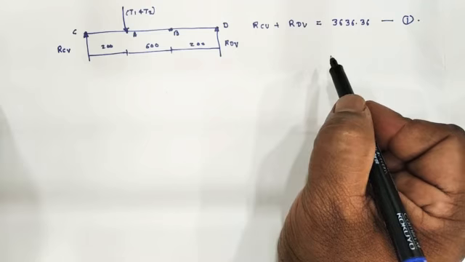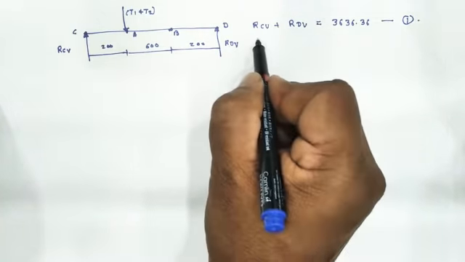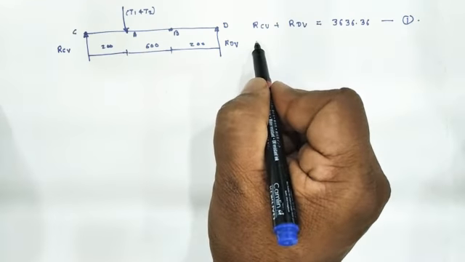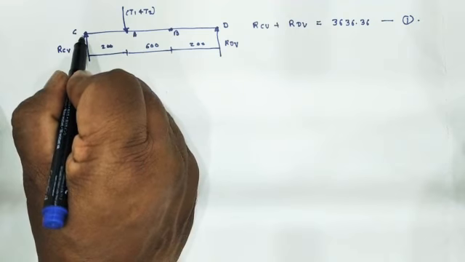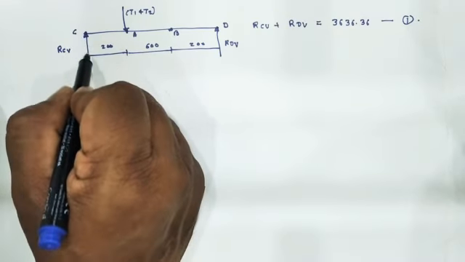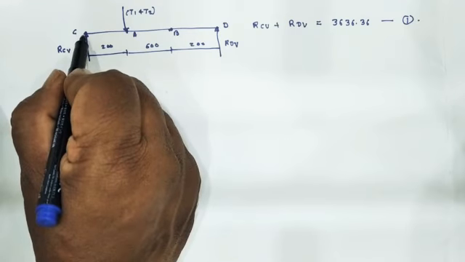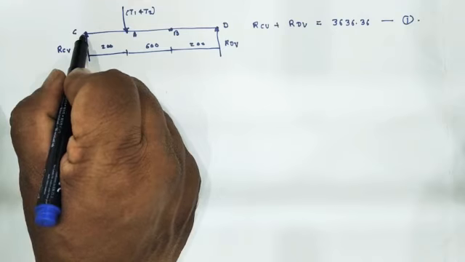Thereafter, we have to calculate the bearing reactions at this location, and these are the points. About this location C, we can calculate the bearing reaction.